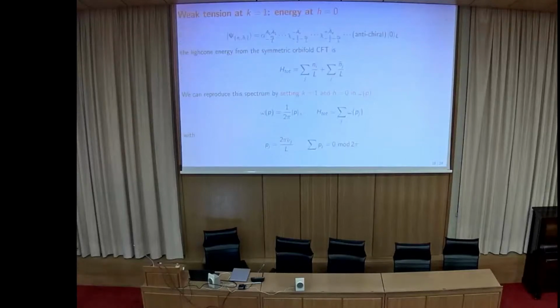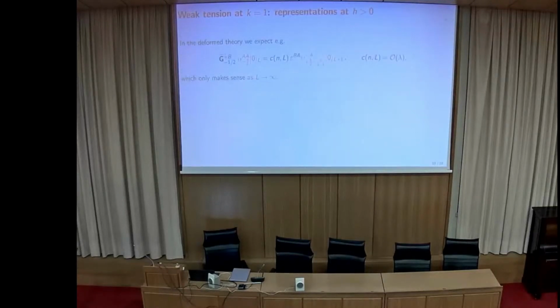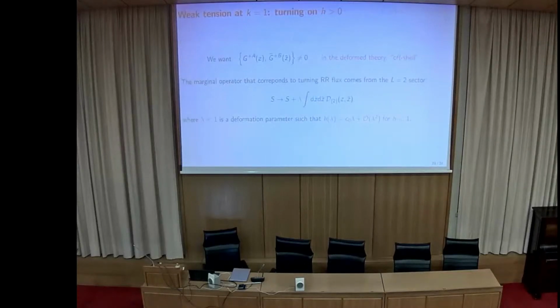So this guy here, what is he? This D2. The way that you construct it is this: you take a two cycle, so you take the twist operator that creates the two cycle.